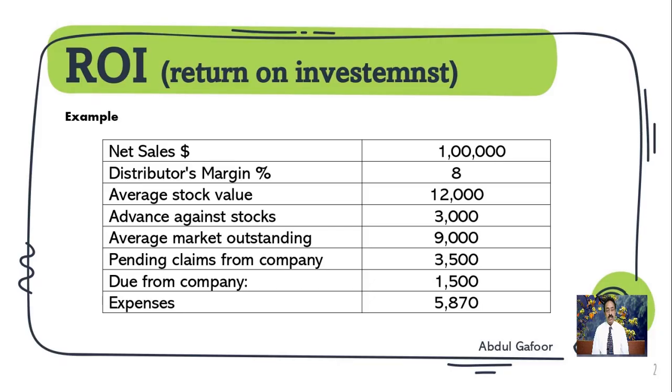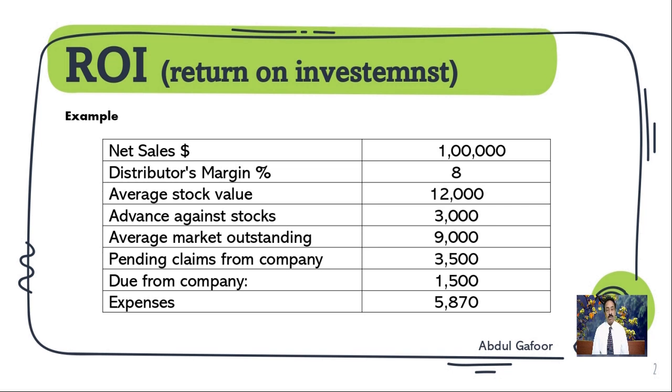Now I will explain a case study on how to calculate the ROI in general. You can see this sheet. The turnover is $100,000. Distributor margin is 8%. He was holding an average stock of $12,000.